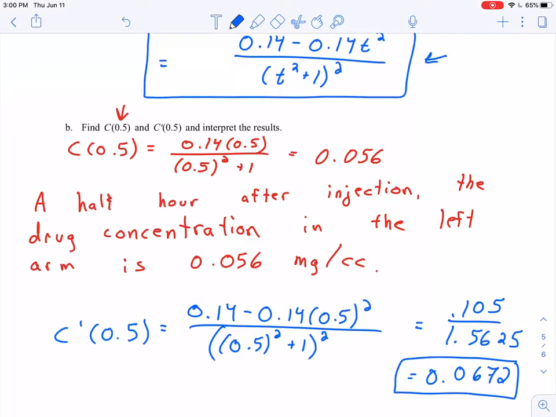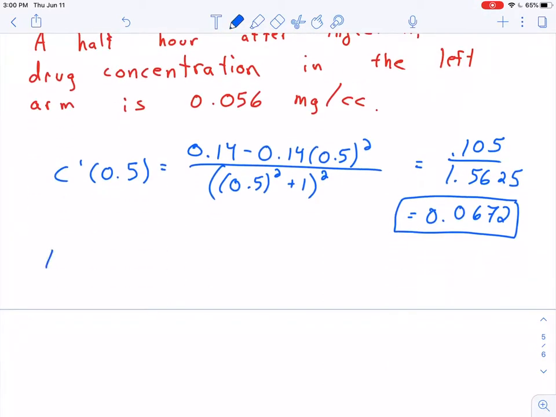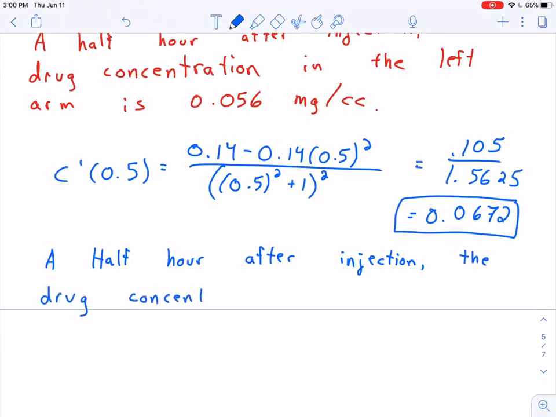So okay, again, I'm going to start off the interpretation pretty much exactly the same way I did last time. I'm going to start off by referring to what value of time we're talking about. And we're talking about a half hour after the injection. So a half hour after the injection, the drug concentration, so it's not the drug concentration anymore, it's how this drug concentration is changing, because we're talking about the derivative.